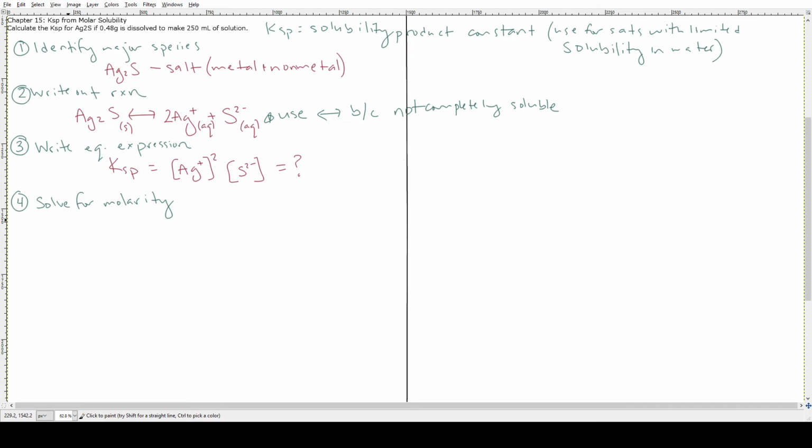We know that we have 0.48 grams of silver sulfide. And if you went to your periodic table, you would find that there is 1 mole per 247.66 grams. I want to change this into moles.